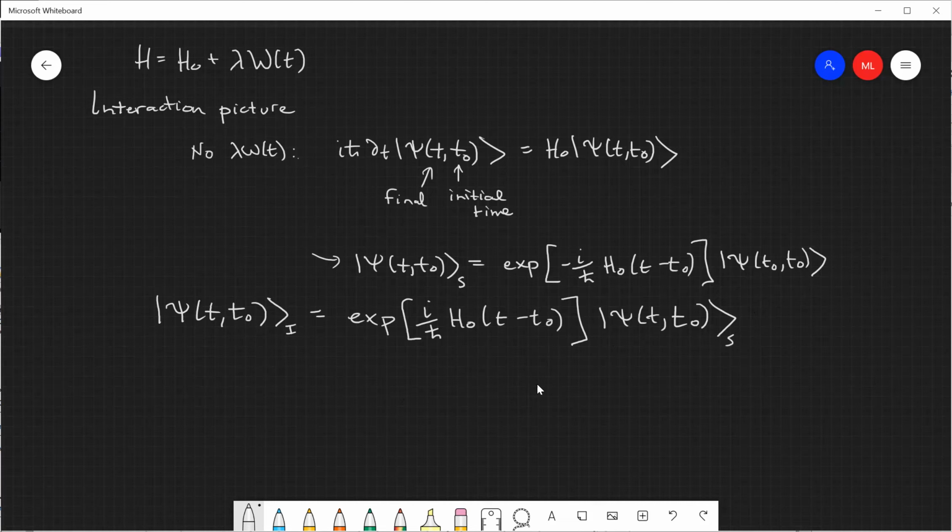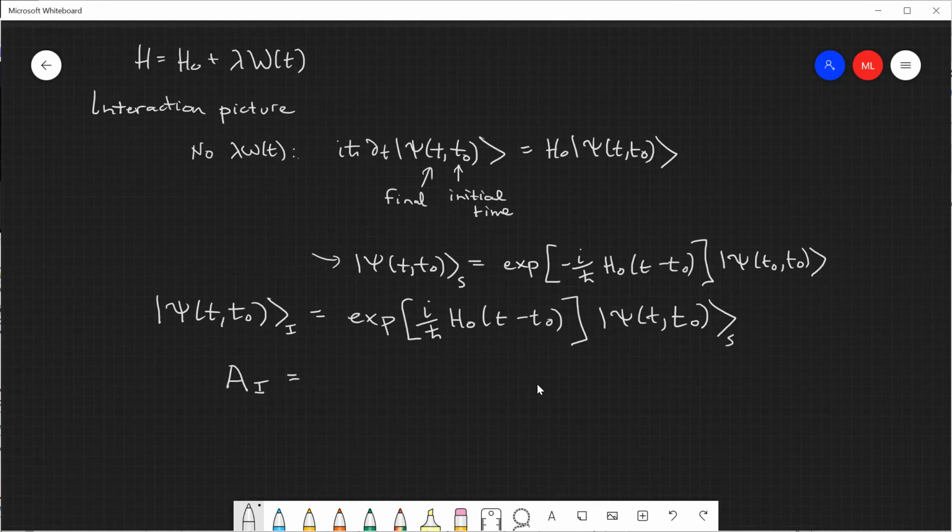And so that means any time evolution of the interaction picture states has to depend entirely on the perturbation, because the unperturbed part does nothing to it by definition. Similarly, for any interaction picture operators, we undo the time evolution of H naught.